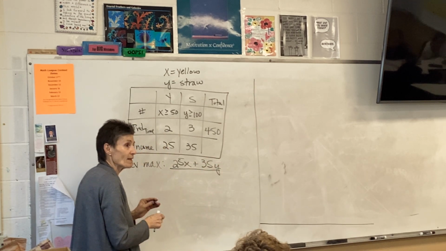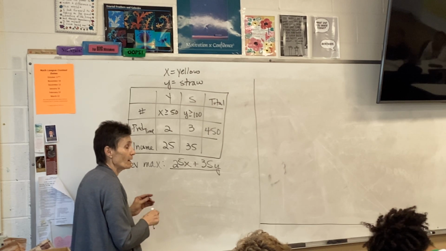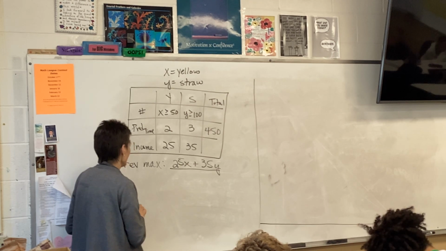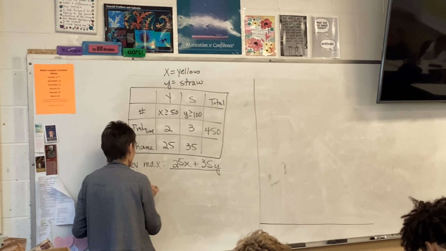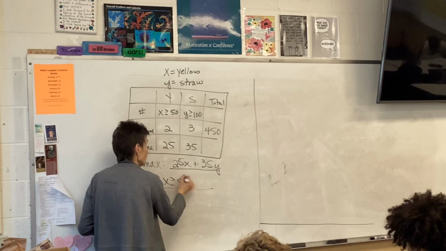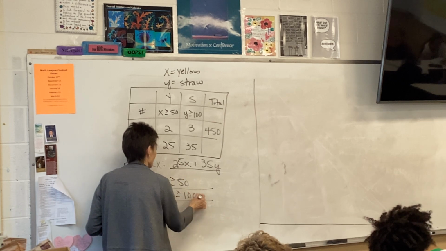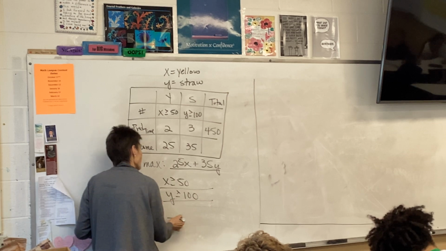And we don't graph that one. We wait and plug into that one. What are my constraints? Well, x has to be bigger than or equal to 50. Y has to be bigger than or equal to 100. And what else? There's one more.